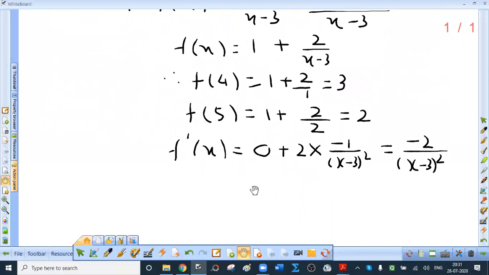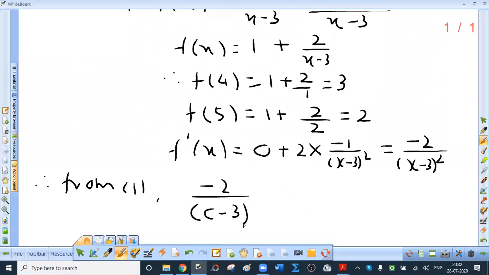Therefore, from 1, I will write f dash of c directly. Minus 2 upon c minus 3 bracket square equal to, substitute the values. So that gives me 2 minus 3 upon 1. Is it correct? Yes. Because f of 5 is 2 minus f of 4 is 3 upon 5 minus 4, that is 1.